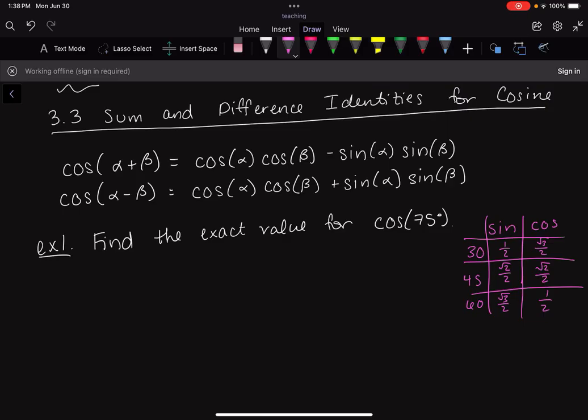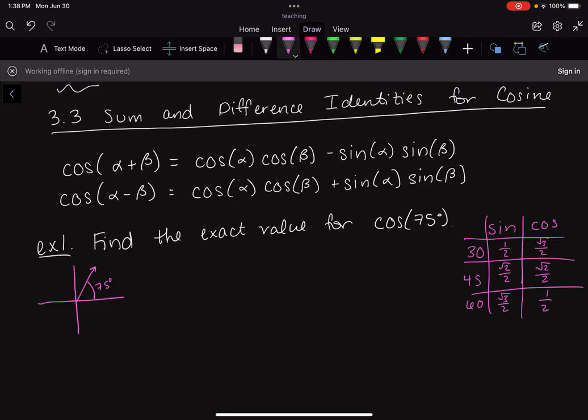So all the angles that we've looked at previously when doing exact value have had a reference of either 30, 45, or 60, meaning they've been either 30, 45, or 60 degrees from the x-axis. If we look at 75 degrees, it is 75 degrees from the x-axis, so we can't use our table to help us.